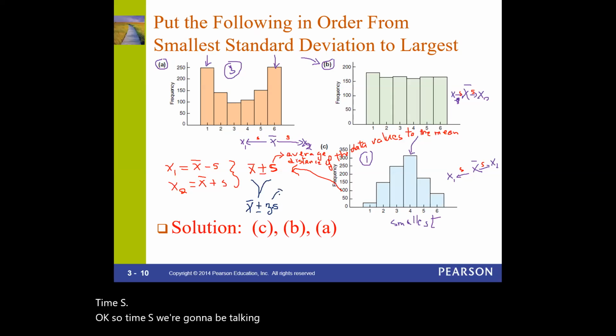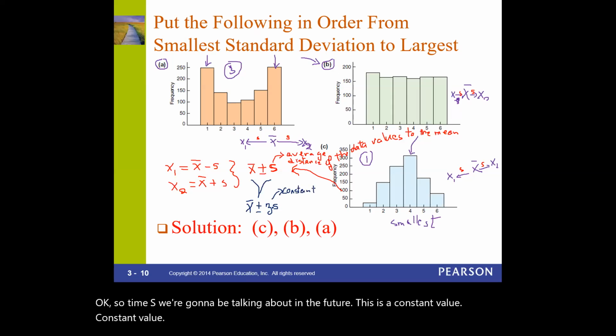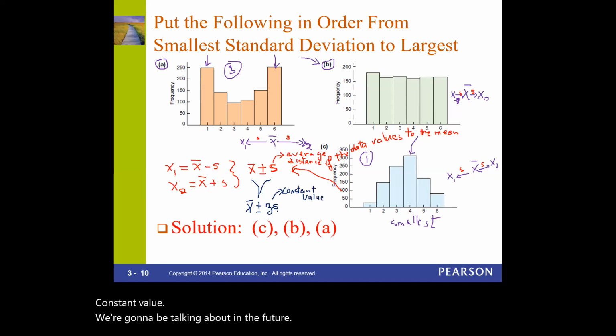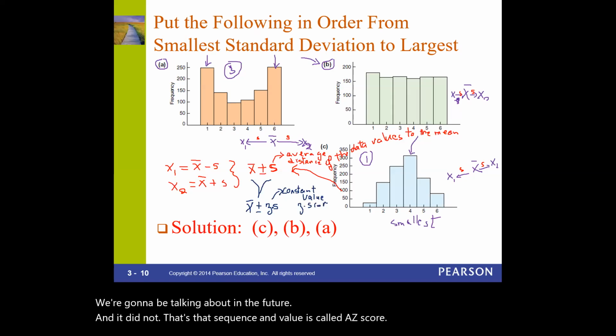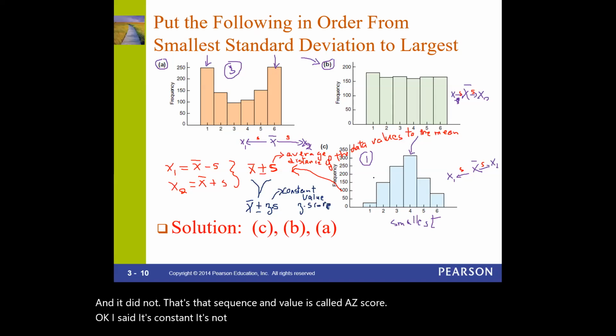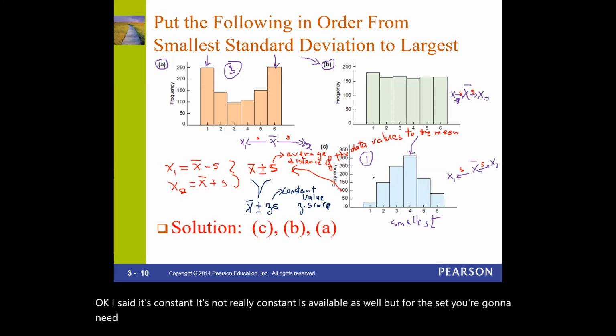This is a constant value, and we're going to be talking about it in the future. That z value is called a Z score. I said it's constant, but it's not really constant, it's a variable as well. But for a given set, it has to be a specific number for it to work out.